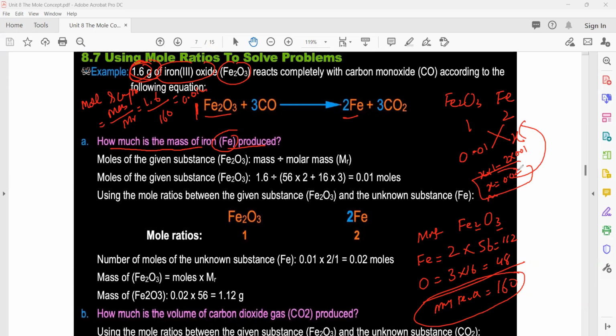Moles. You can convert these moles into mass. So how will you do it? Just multiply it. For example, here you have 0.02 multiplied with the Ar of iron, and you will get the mass.